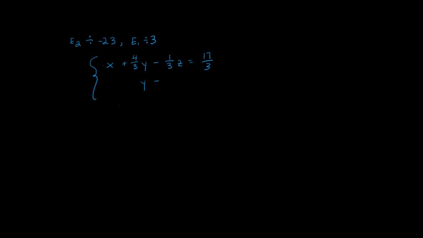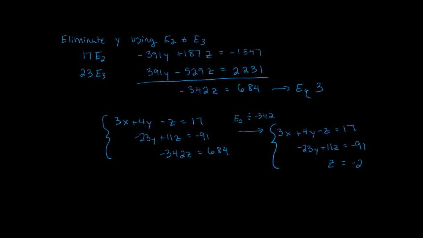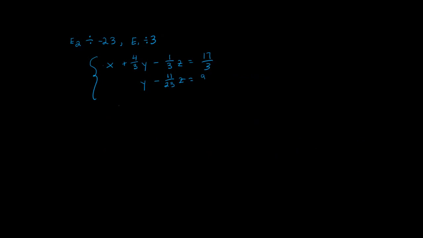We have y, and then 11/23 z, and then negative 91. That does not divide. Does that reduce? No. So that would then be a positive 91/23. And then we have z equals negative 2. So Gaussian elimination makes your stuff look really gross because we ended up with fractions here.